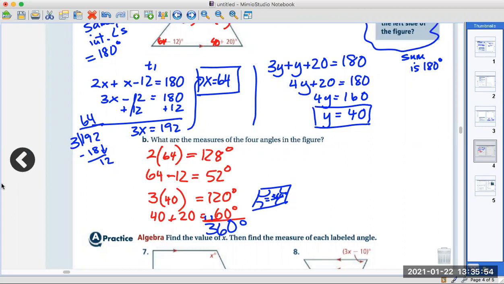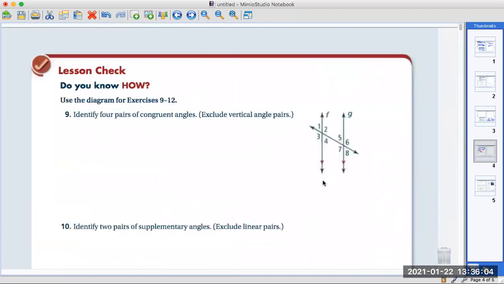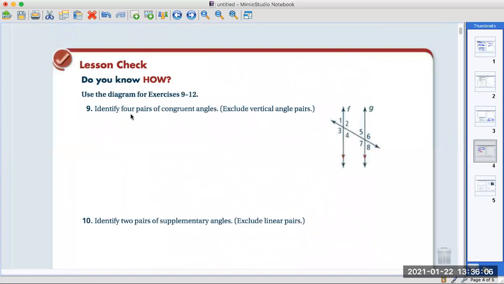So now we're done with this lesson and it's your turn. It's your turn on the homework page. So we're on page 79 in your textbook. Let me circle the homework questions. You try your best, okay? Exclude vertical, so we're not looking at vertical angles. Identify 4 pairs of congruent, equal angles, not vertical ones.